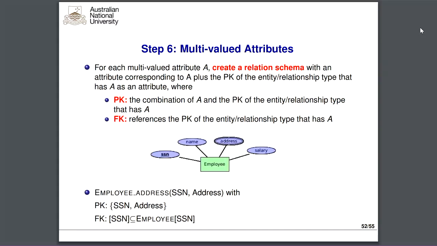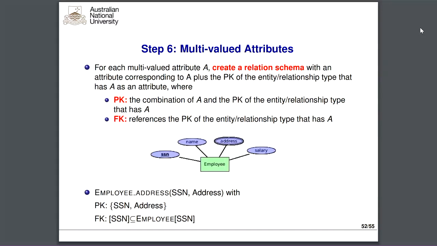Now I hope you don't get confused. When we try to create some relation schema, what are the pieces we want to create the tables from? Number one is the entities. Number two is the relationship type, the diamonds. So for your rectangles, you usually create a schema. And then you have a diamond, you create another one. And then if you have a multivalued attribute, like this double circle, you create another schema.